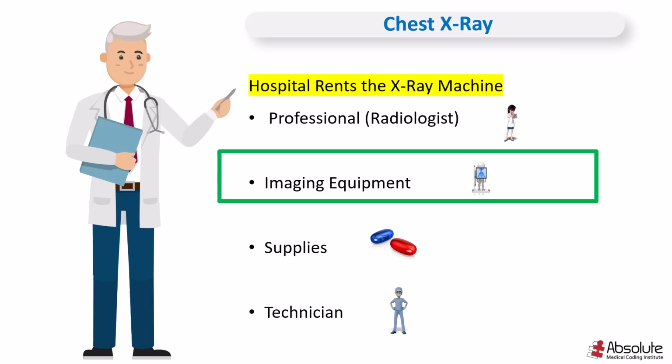How will the mobile x-ray provider bill for their services? They're only able to bill for the technical component of that global code, and they will use modifier TC. So hopefully that makes sense. And this is how you use modifier 26 and modifier TC. All right, let's continue studying.